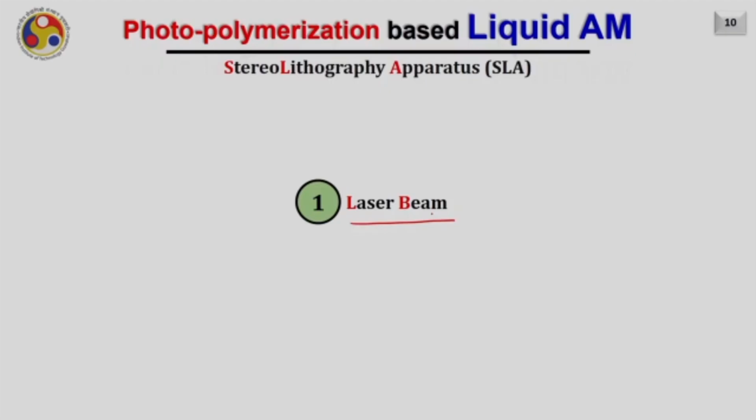So before proceeding further, let us discuss a little bit about the principle of laser, so that you will be familiar with the terminologies which I will use not only in SLA but wherever in additive manufacturing processes the laser is used. Therefore, discussing the fundamentals of laser is very important at this point of time.